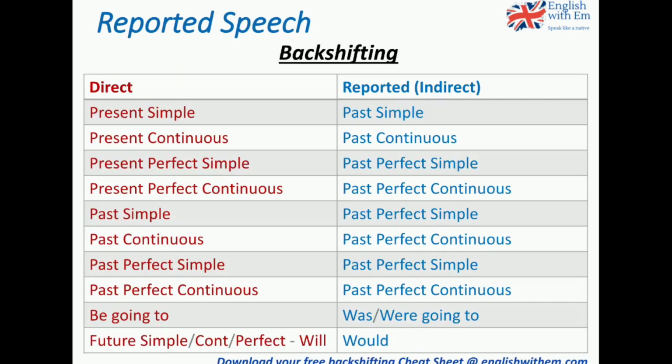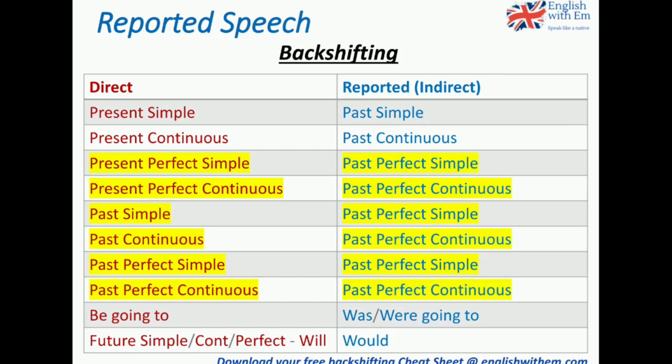So take a look at the table here. You'll notice that the present tenses, present simple, present continuous, in reported speech, we backshift and they become past simple and past continuous. And then all these other tenses, the present perfect, simple and continuous, the past simple, past continuous, and the past perfect simple, past perfect continuous, all of these are reported using the past perfect tense, either simple or continuous.